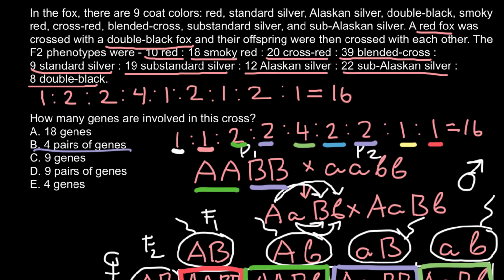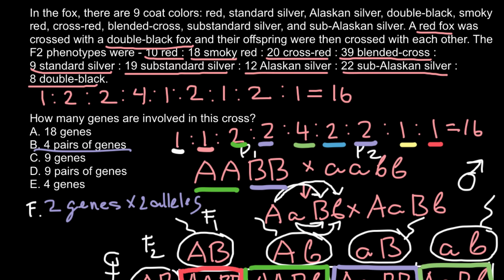So the correct answer would be that this trait is under the control of 2 genes that are represented by two alleles. And let's say that this is answer F.